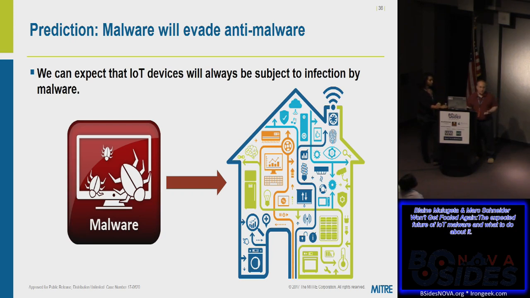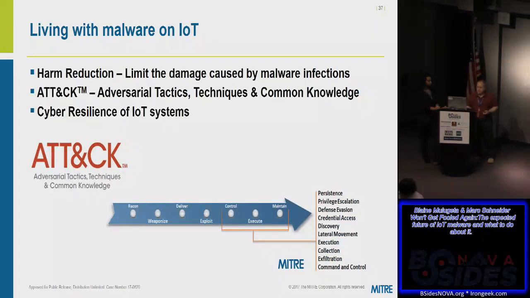What does that mean for the IoT? It means we can expect malware will always be attacking and infecting IoT. So what do we do? Well, we can play whack-a-mole and keep going, trying to come up with a solution for the next new technique that's discovered. However, as I mentioned earlier, anti-malware tends to be reactive.